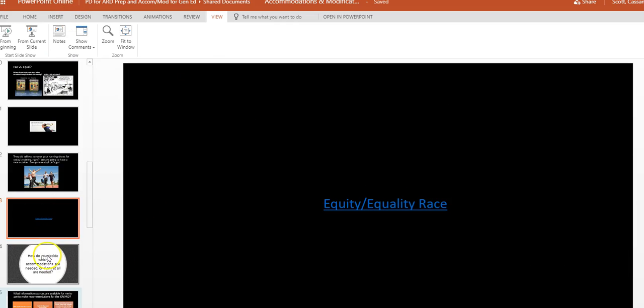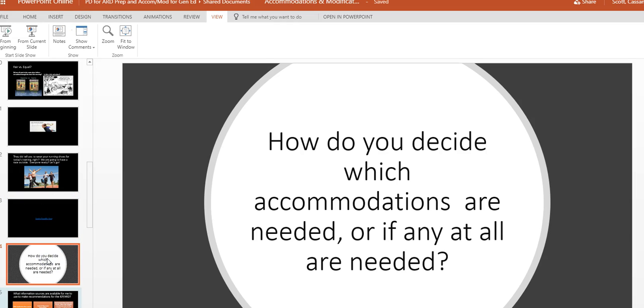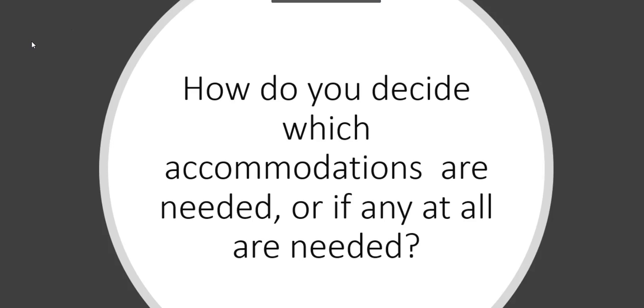And until we can meet them where they are, we're not going to be able to really serve them. So it's a reminder for our teachers that our kids are coming from different places and we need to meet them where they are and understand that at times accommodations and modifications are going to be important for them.